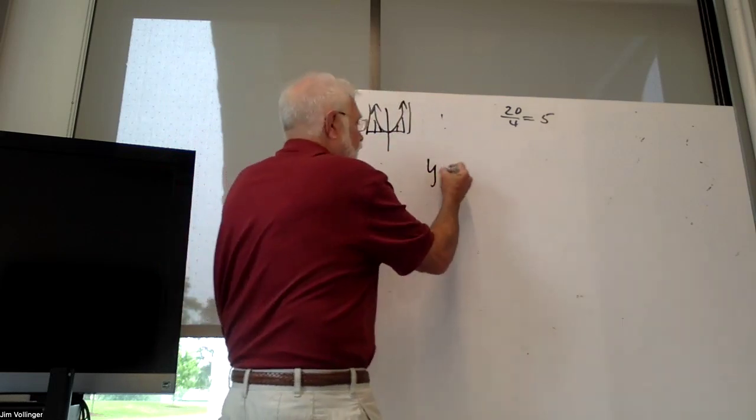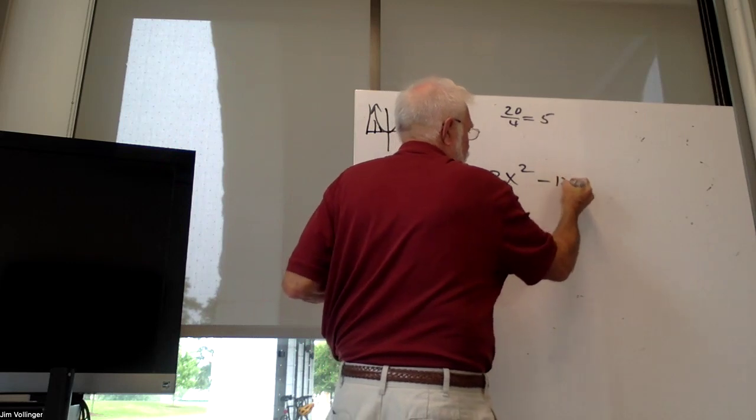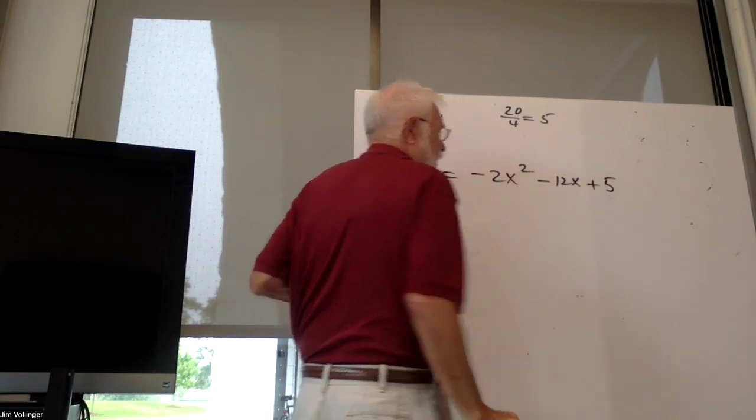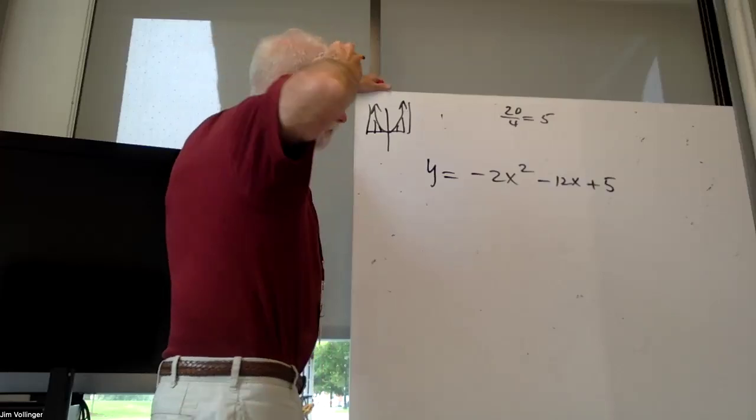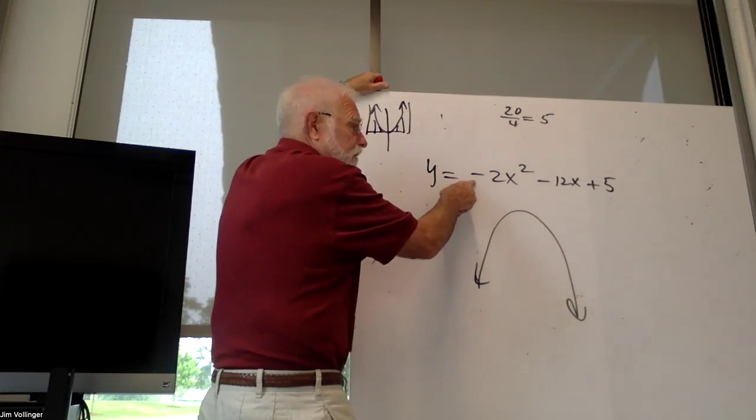All right, so let's look at minus 2x squared. How about we do minus 12x plus 5? And let's sketch it. Looks like it's cup shaped down because it's negative.